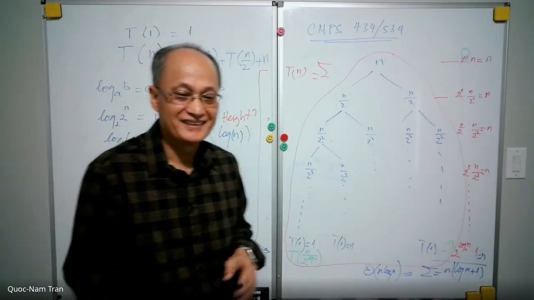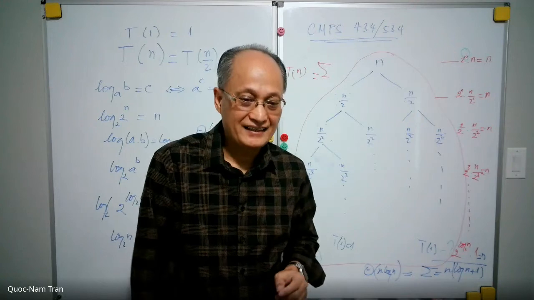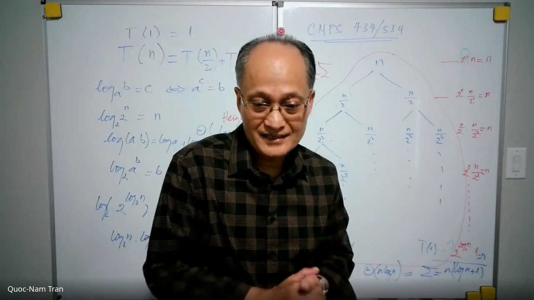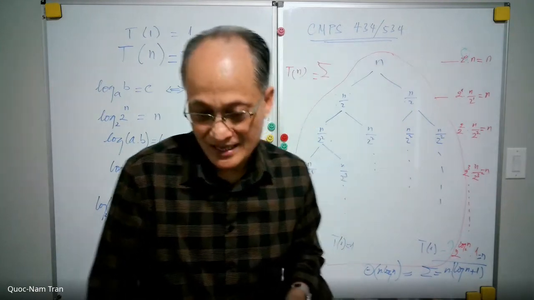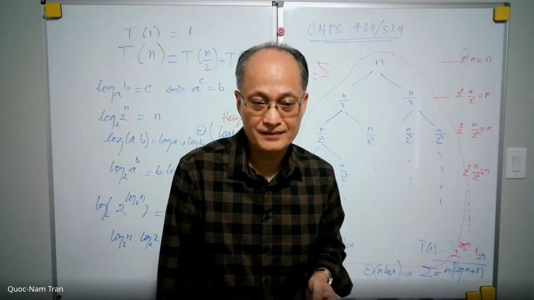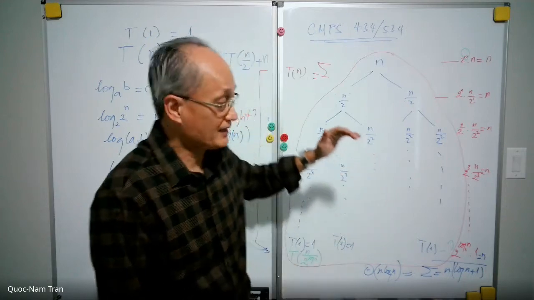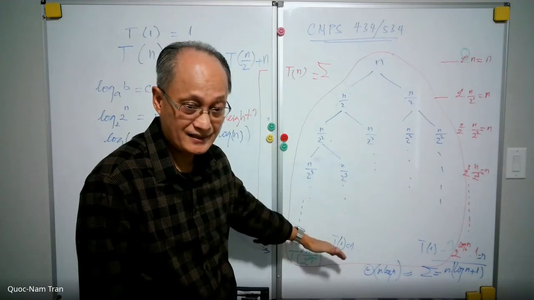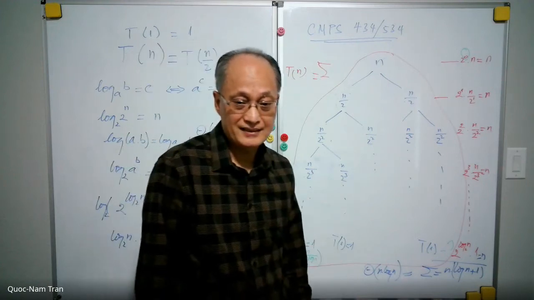Okay, so that is for the merge sort. Now the next thing we want to learn, and by the way, is there any question that you have regarding the merge sort and the way we analyze the complexity?